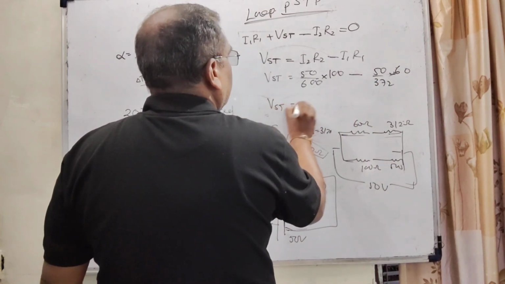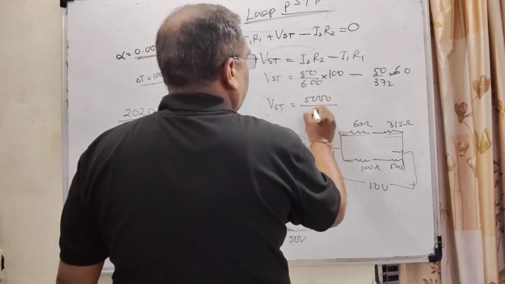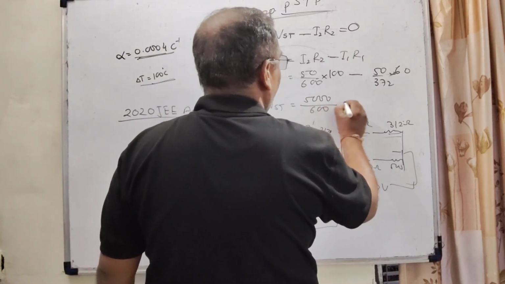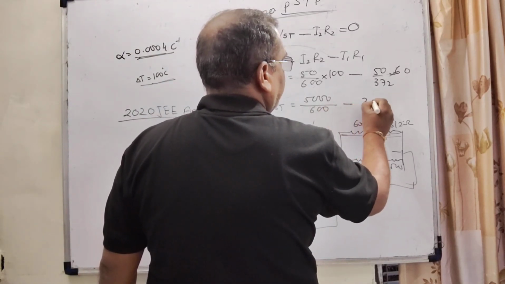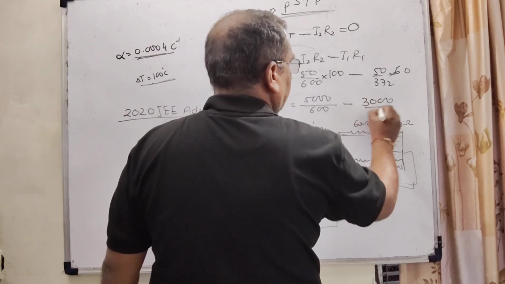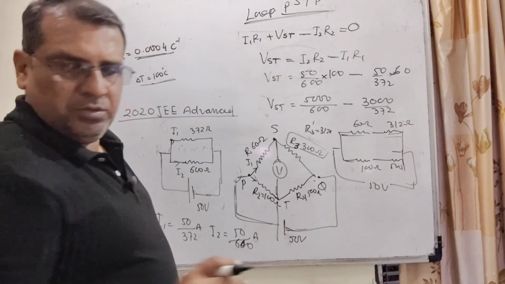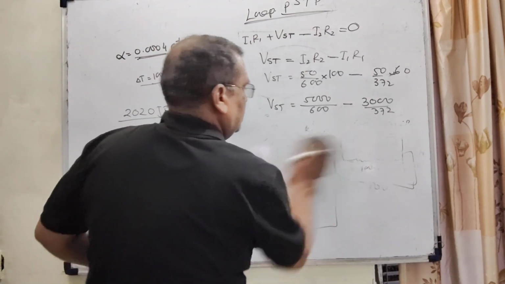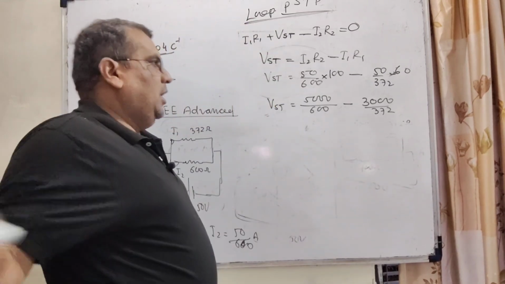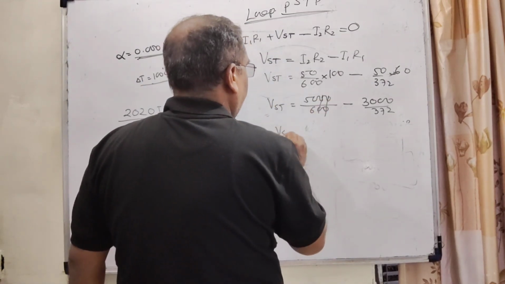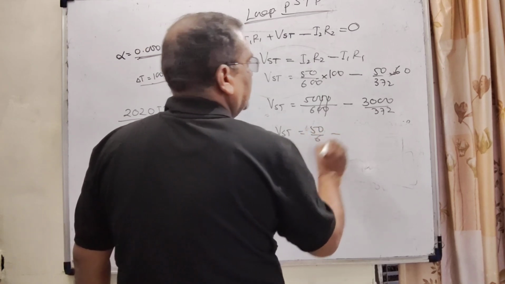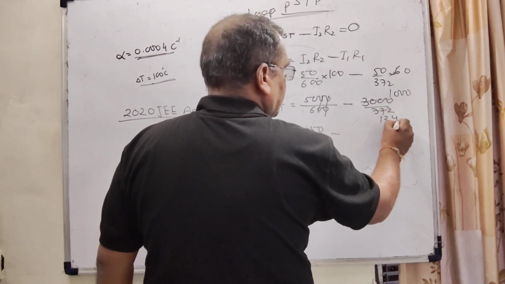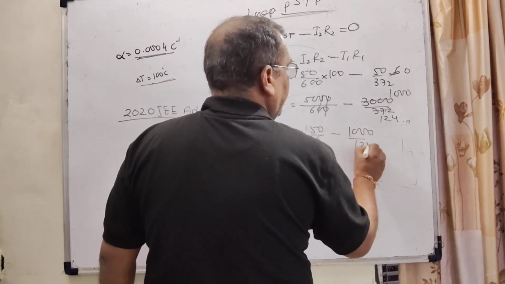So we get 5000 by 600 minus 50 times 60 by 372. Now 2 zeros cancel out. VST is equal to 50 by 6 minus 50 times 60 by 372, and here 3 ones are 3, 3 twos are 6, 3 fours are 12.